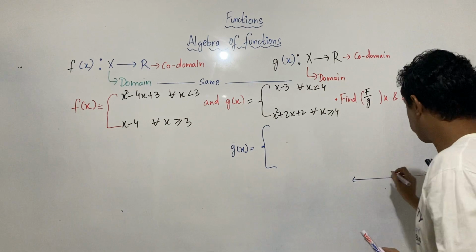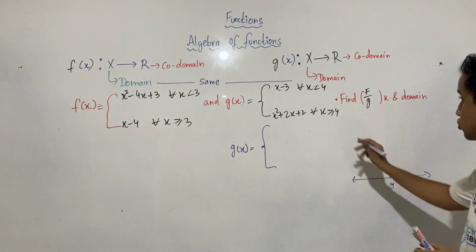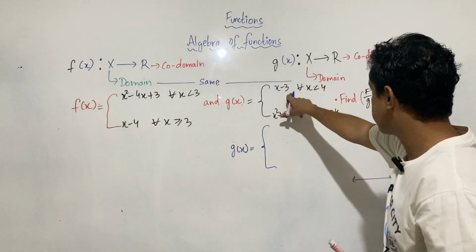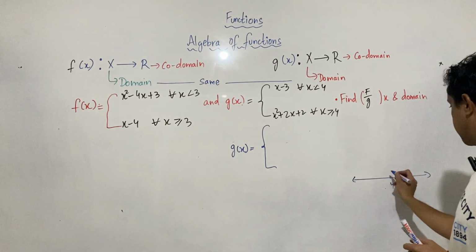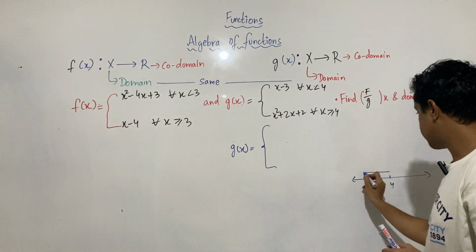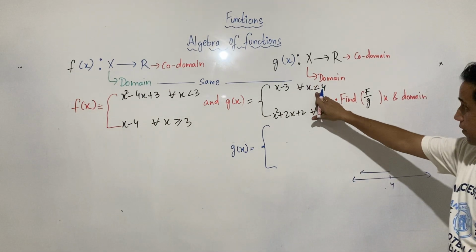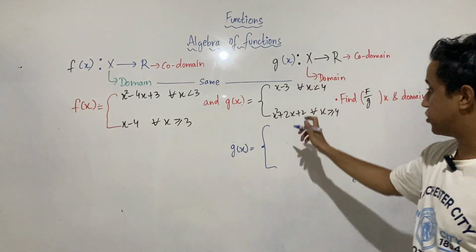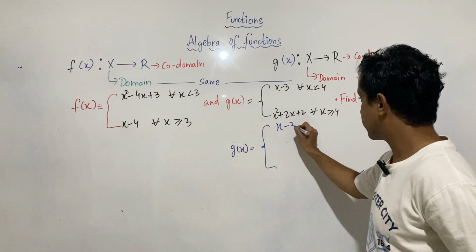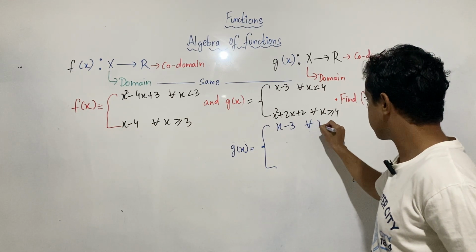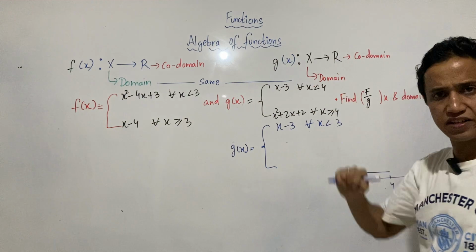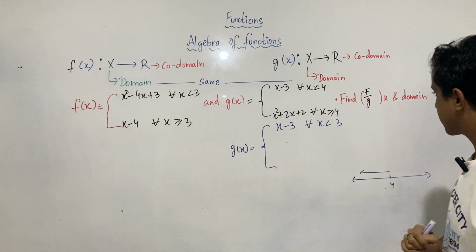This is 4. This function is defined for x less than 4, which means that 4 is not included. If it is valid for x less than 4, then this definition is also going to be valid for all x less than 3, because 3 is less than 4, right?